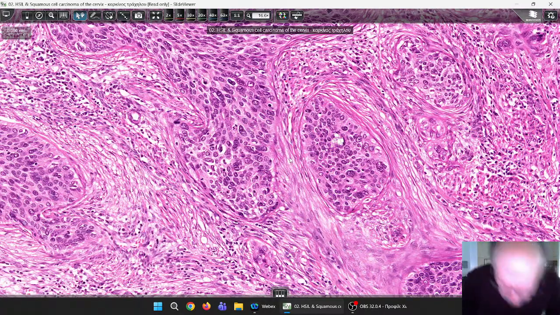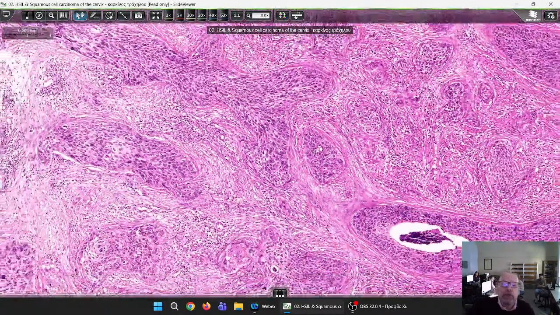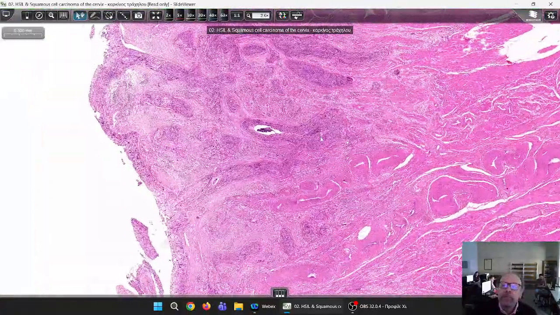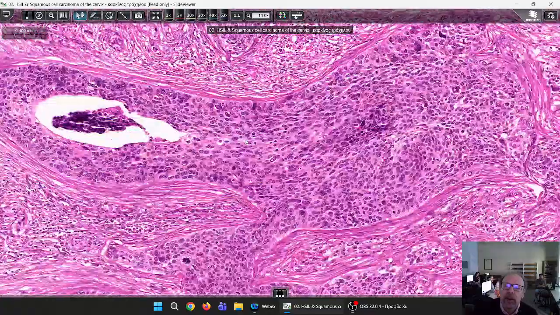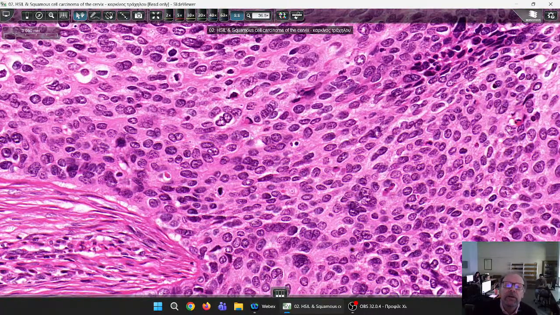So what else do we see here? We look at the invasive component of the tumor. Here there is some sort of necrosis. We have the atypical cells. What are these that I show you? Since these are cancerous cells, they have increased... What are they? Look.